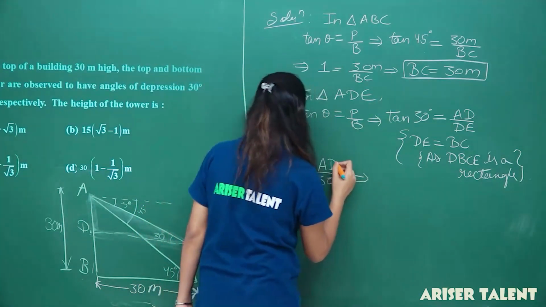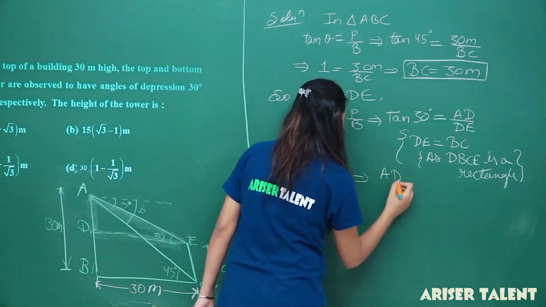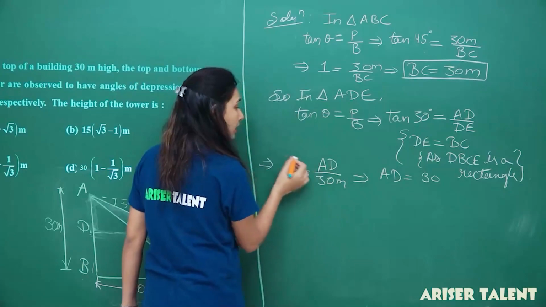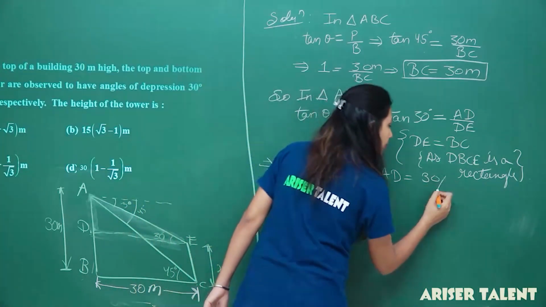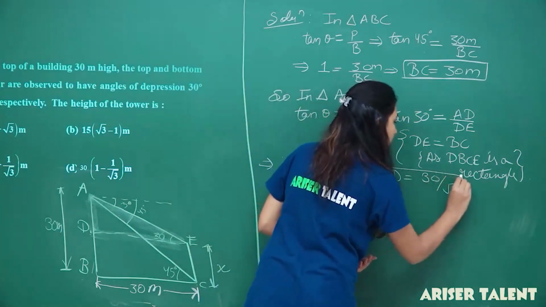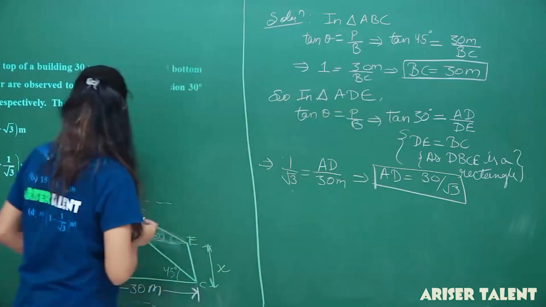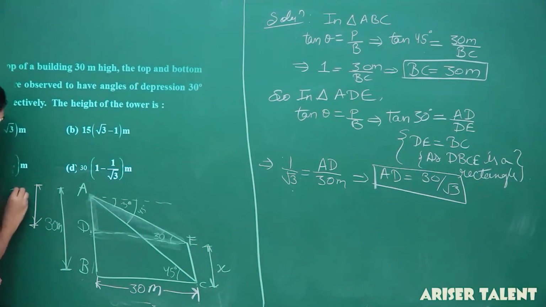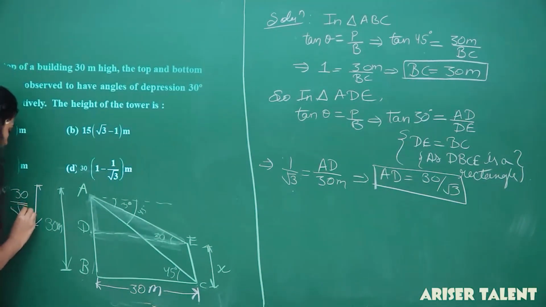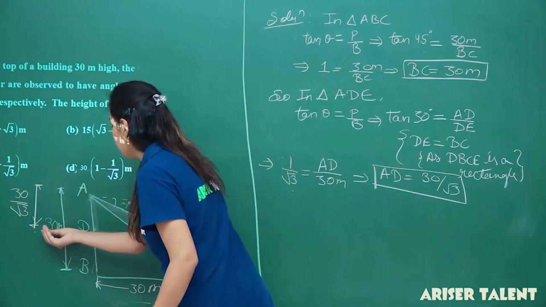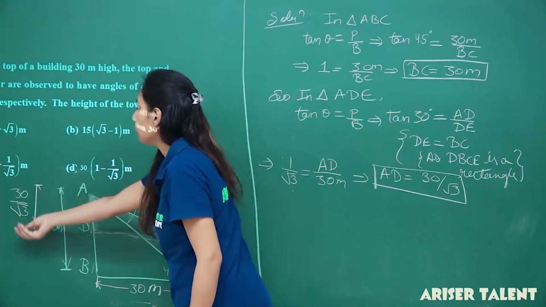So from here, the value of AD will be 30 by root 3. This is the second thing we have found: in the diagram, this value AD equals 30 by root 3.